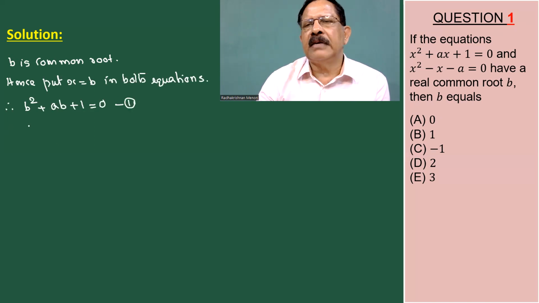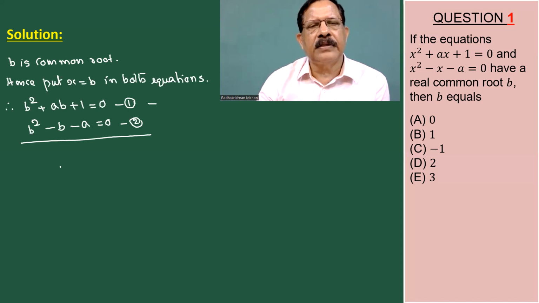Second one, b squared minus b minus a is equal to 0. Now we subtract. b squared is getting cancelled, so you will be getting ab minus minus b.